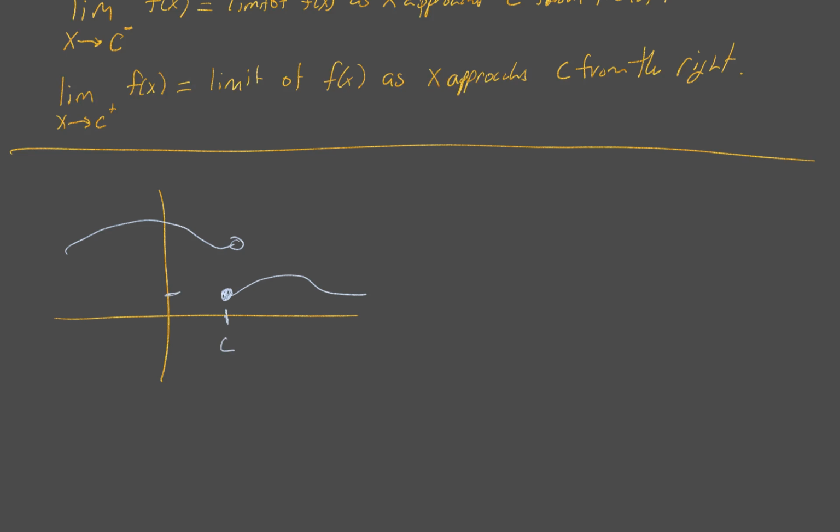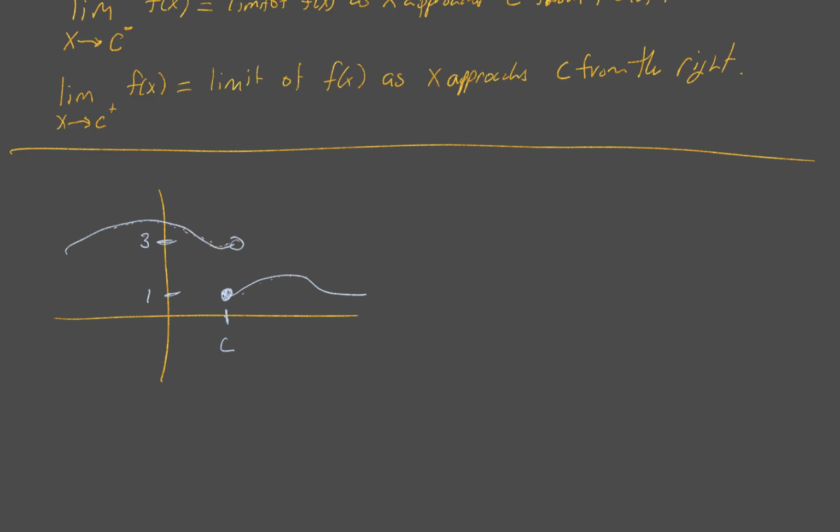Let's say this point here is at (c, 1) and this point's at (c, 3). Then if I'm coming in from the left, the output values are approaching 3. If I'm coming in from the right, the output values are approaching 1.